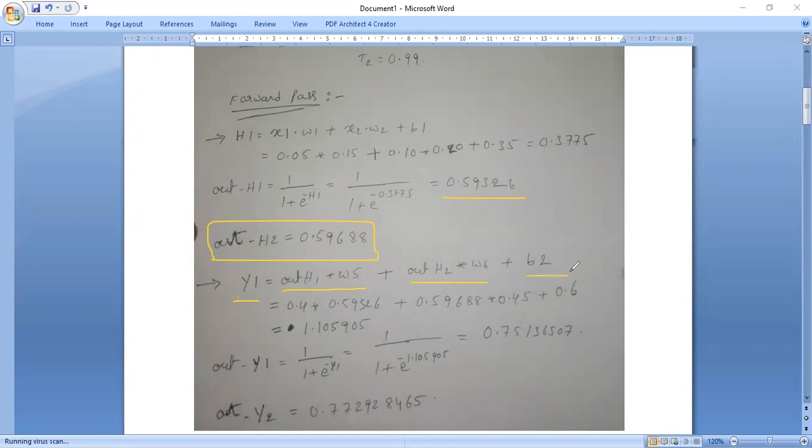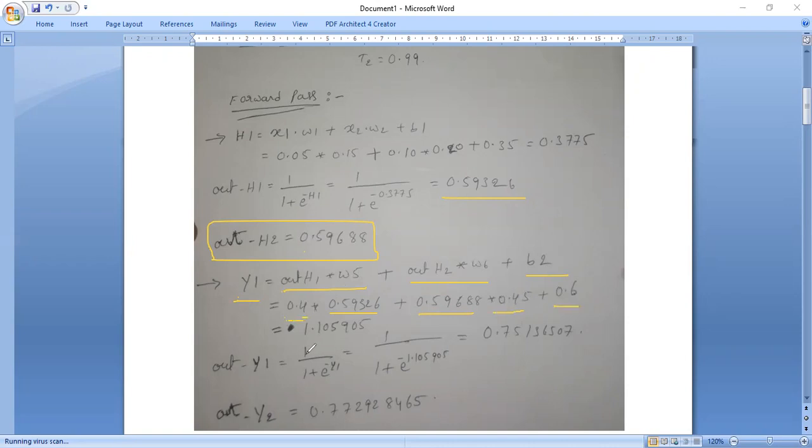The output of h1 we already calculated, 0.59326, and the w5 value is 0.4. Then output of h2 into the w6 value, plus the bias value.